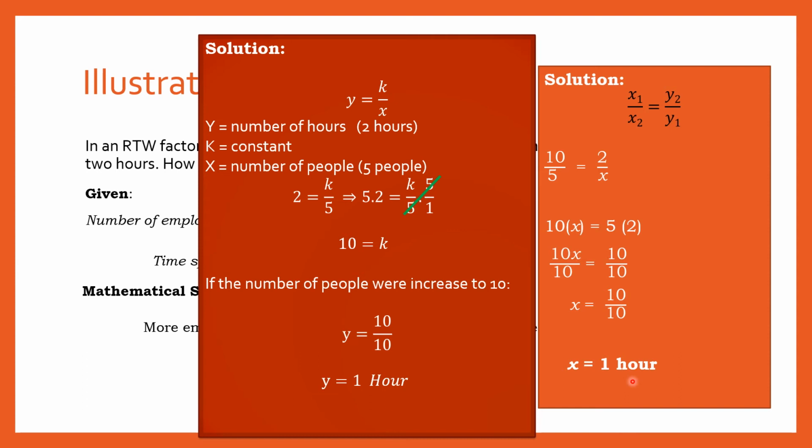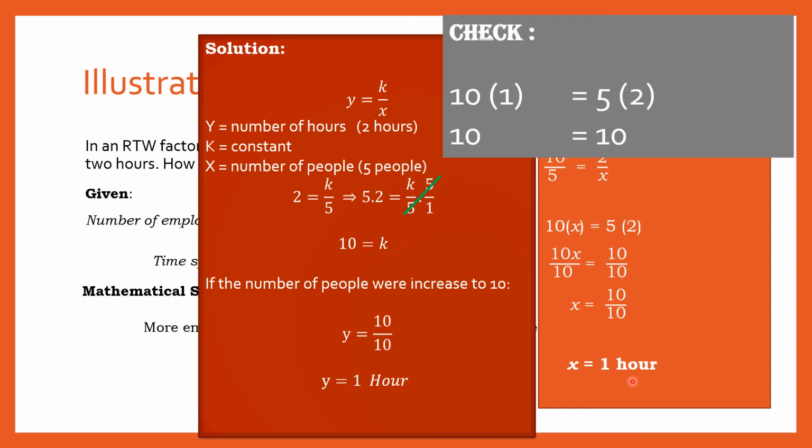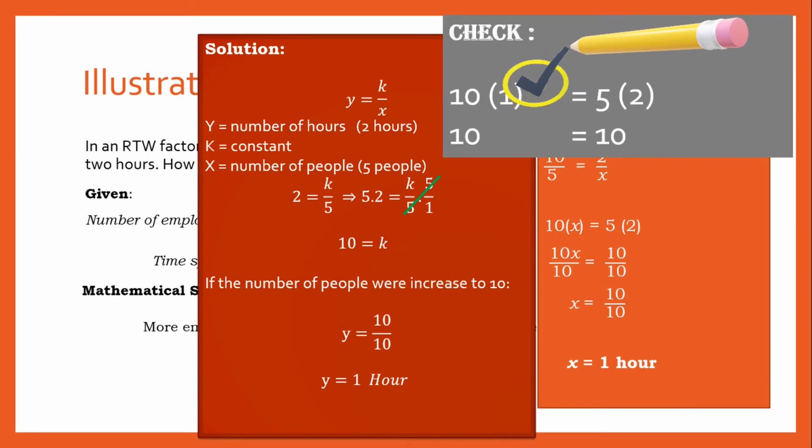Let's see if our answer is correct. Let's check. 10 times 1 is equal to 5 times 2. So both sides are equal to 10. That's why our answer is correct. To conclude, if 5 employees can finish designing 20 blouses in 2 hours, 10 employees could do this in just an hour.